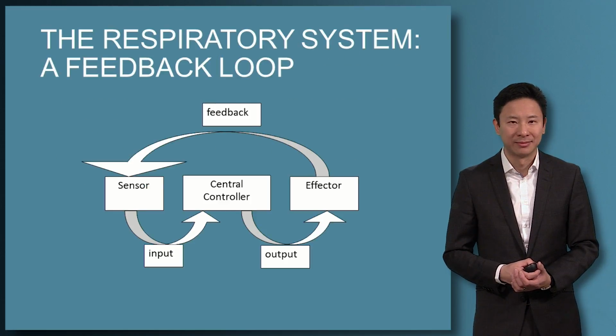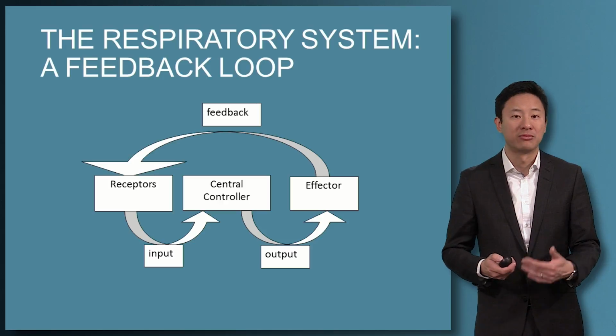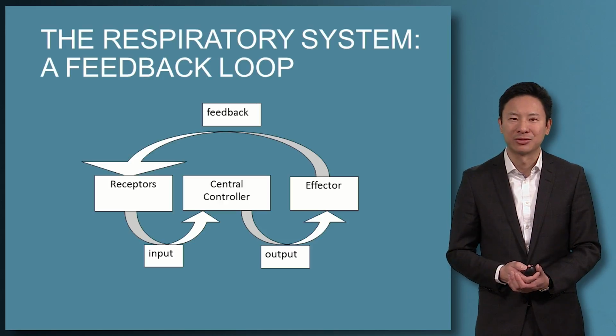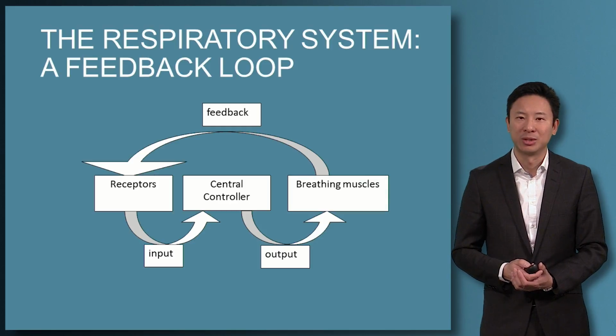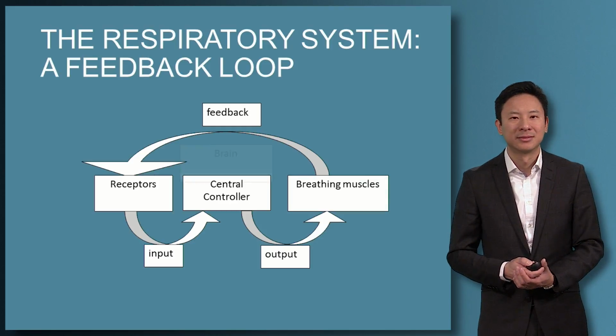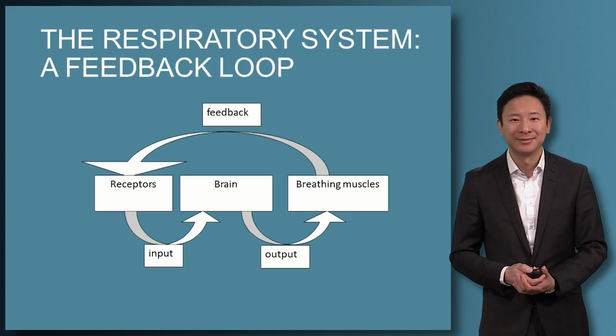The respiratory system is also a feedback loop. In the respiratory system, the sensor is actually some receptors, and we'll talk a little bit about what those receptors are. The effector is actually breathing muscles. And the driver, or the central controller, is your brain.